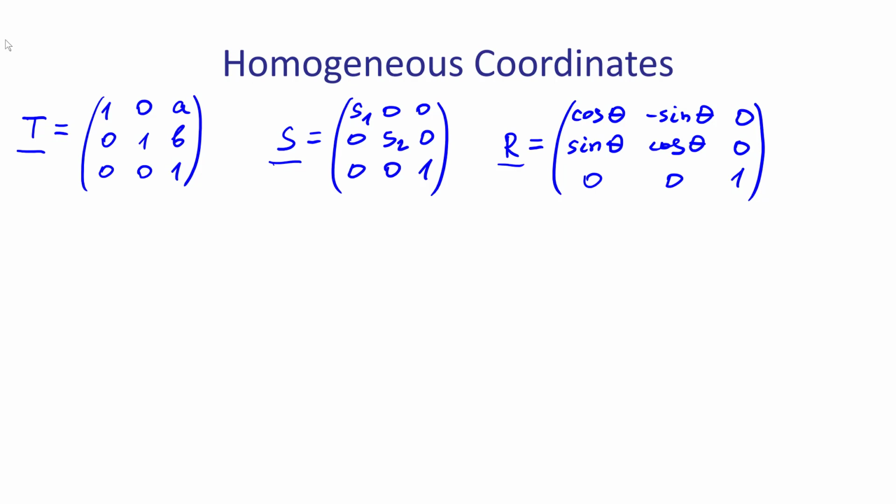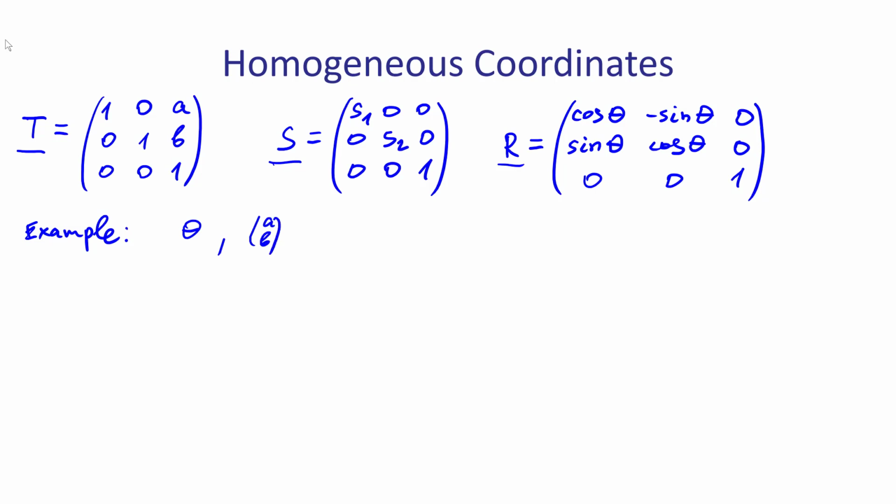Let's check a simple example. As in one of the examples before, we want first rotation and then translation together in that order. So let's say we have rotation by angle theta, and then translation by vector a, b.